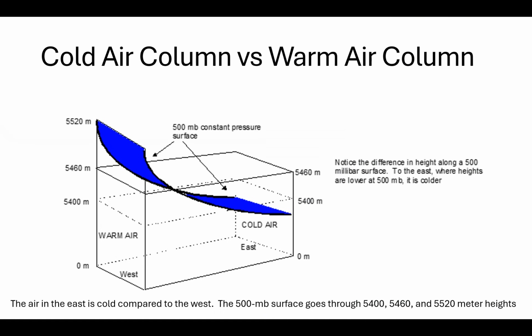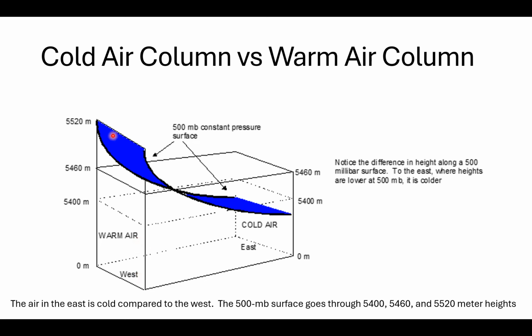And here's another great example to show you. I'll go back to my laser pointer here to point out some key parts of this graphic. We're going to compare colder air, which is to the east. So we have colder air over in this location where my cursor is, to the east. We have warmer air to the west.